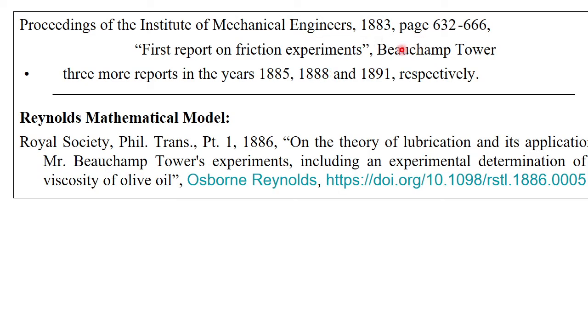This is the paper which was published in the Proceedings of the Institution of Mechanical Engineers. This journal you will also find now, they are still publishing it. In 1883 this was the report.